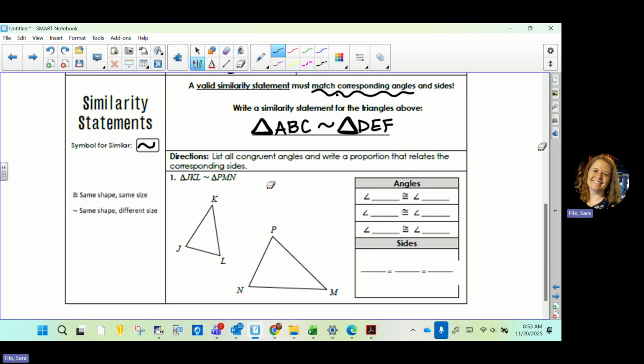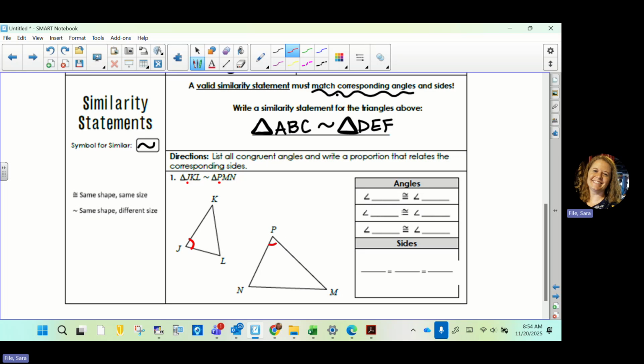So the similarity statement says JKL. So I'm going to mark J is the first one. What's the first one of the second triangle? How did they name it here? PMN.